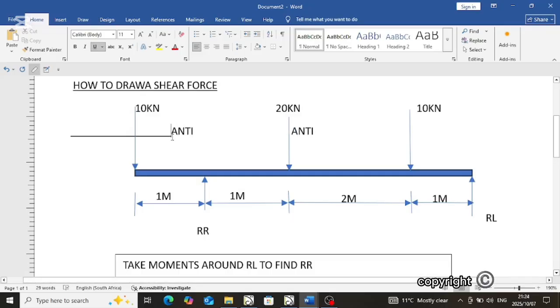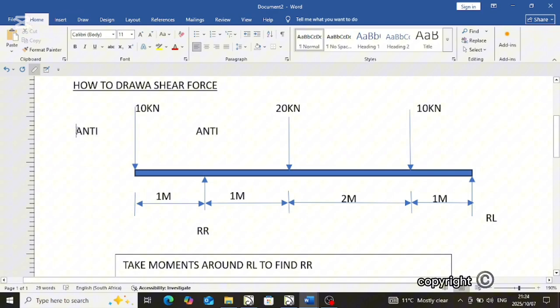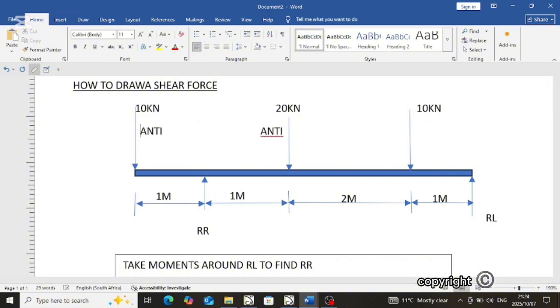Another one also, let me change here. This one will be anti-clockwise.